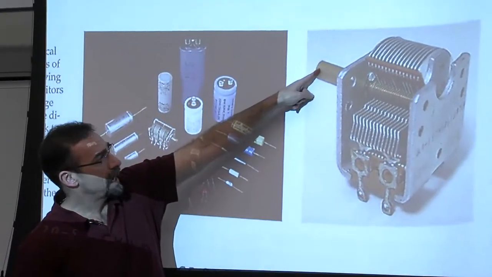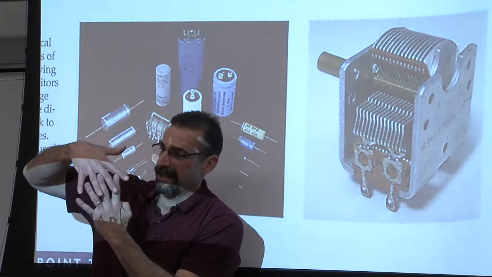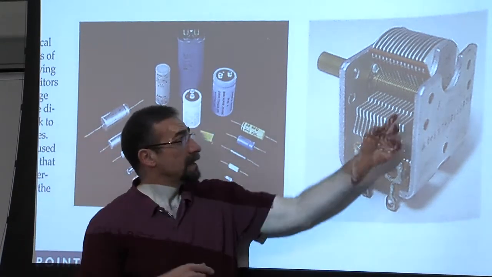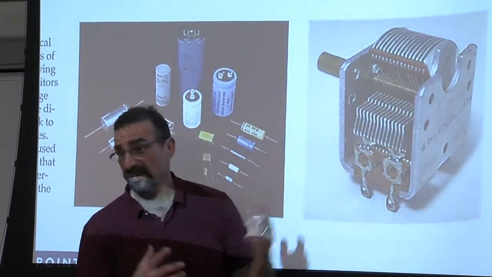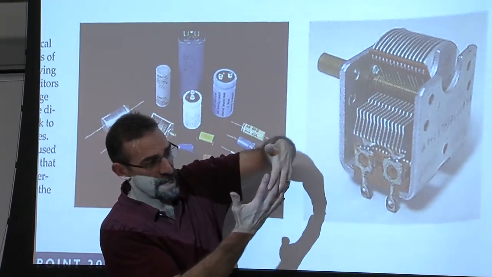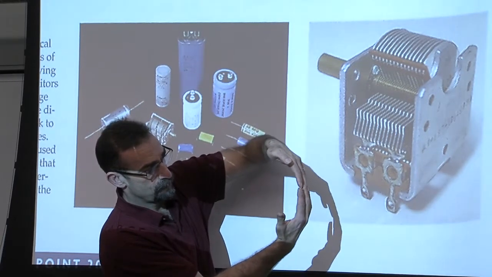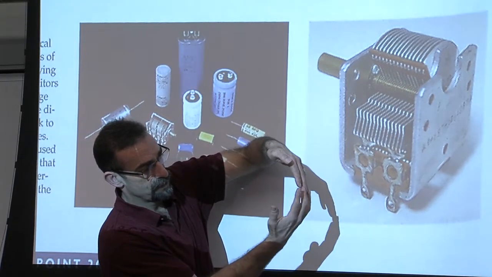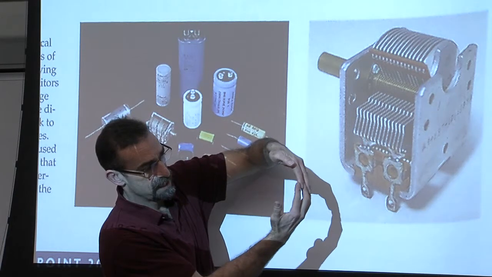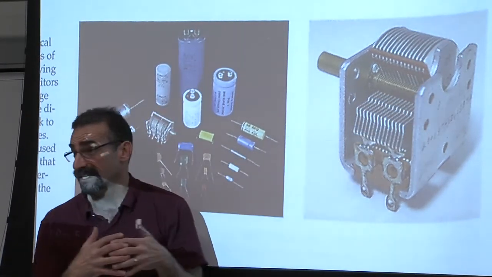So you turn this knob, and these plates kind of sink into each other or not. So you're changing the surface area. As those two sections mesh together, you have lots of surface area. And when you get them to come apart, you just have a little bit of surface area. So you're changing the capacitance by changing how much overlap there is between those two metal plates.